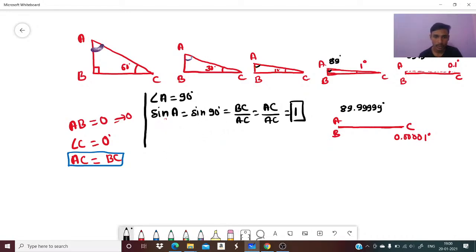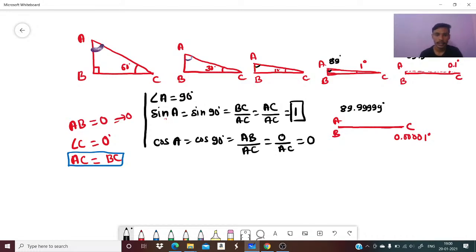So my cos of A, that is cos of 90 degree, is given by AB upon AC, right? But you know that your AB is equal to 0. Therefore 0 upon AC will be equal to 0.